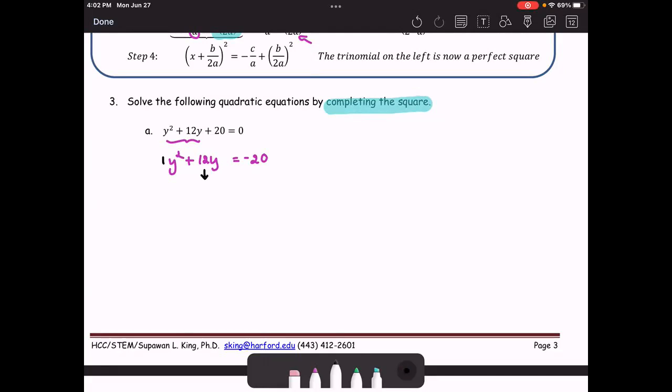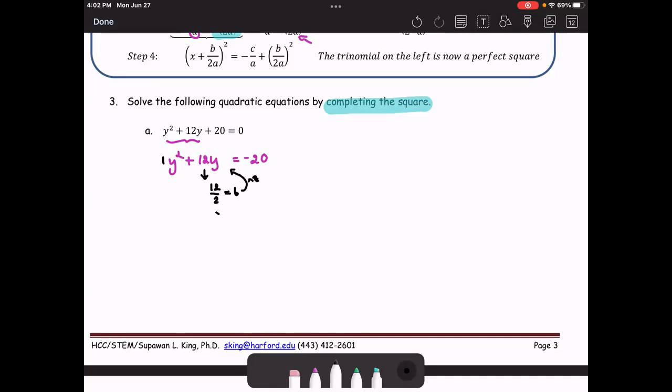So look for the additional term to add to both sides to make the left hand side be in the perfect square form. So we're going to do that by dividing 12 by 2, which is 6, and then we're going to raise it to the second power and add to both sides.